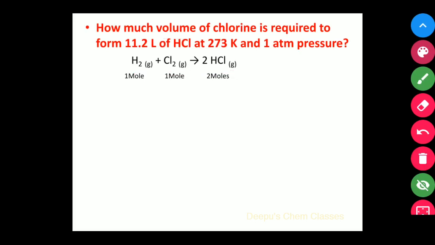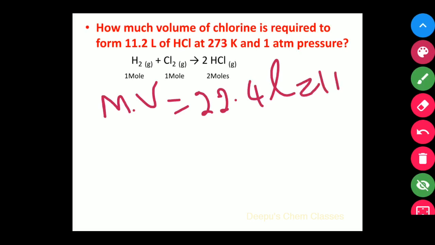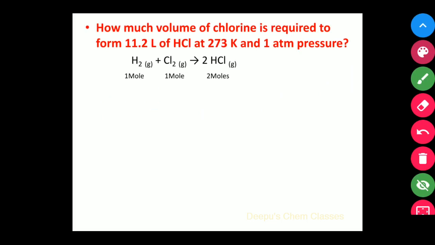Remember one thing, 1 mole of any substance contains the molar volume, that is 22.4 liters. So 1 mole of hydrogen is 22.4 liters of hydrogen, plus 22.4 liters of chlorine gives 2 moles, which means 2 into 22.4 liters, that is 44.8 liters.